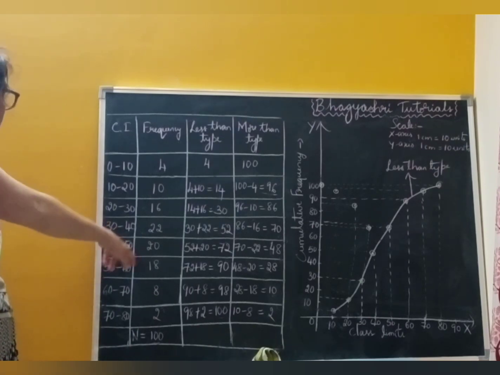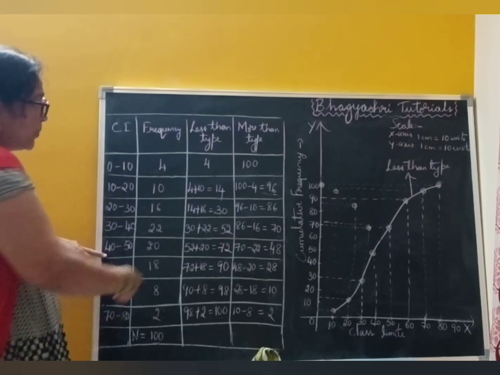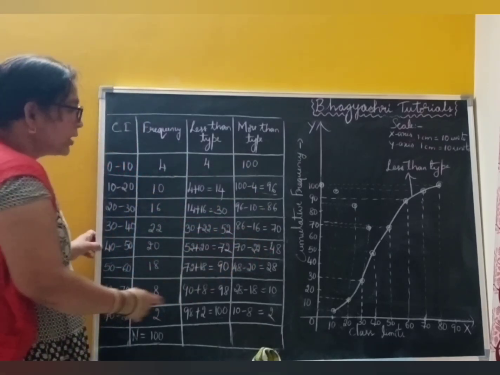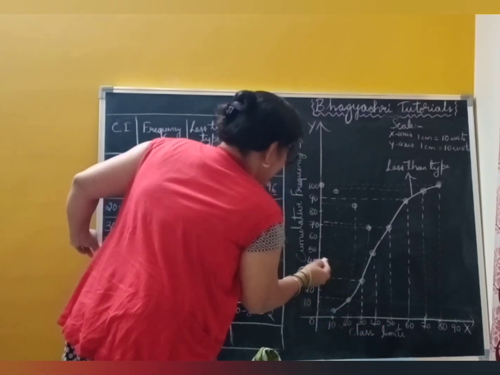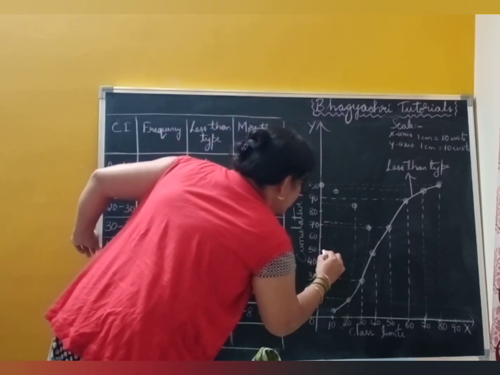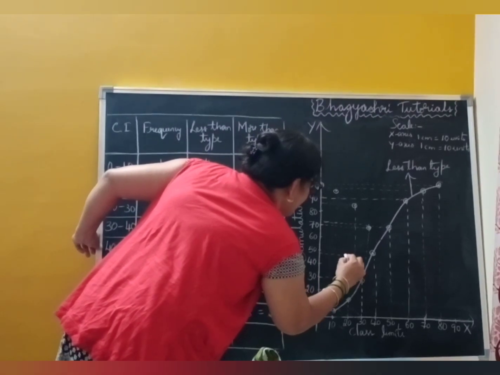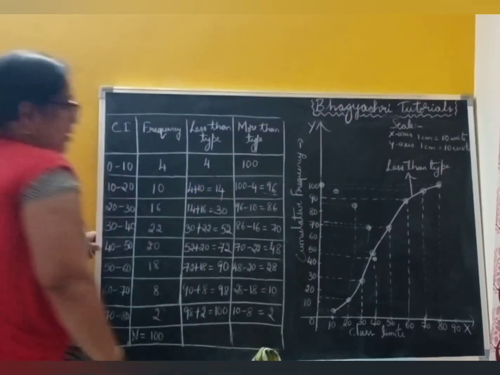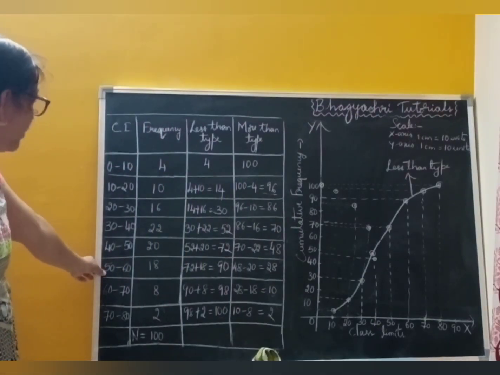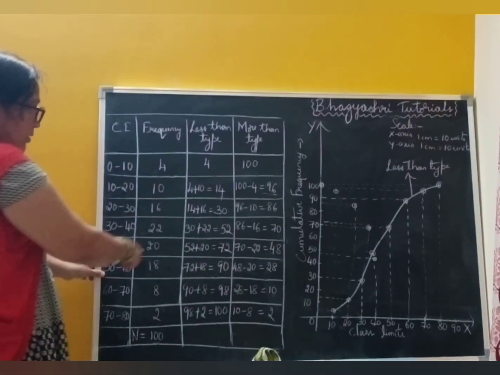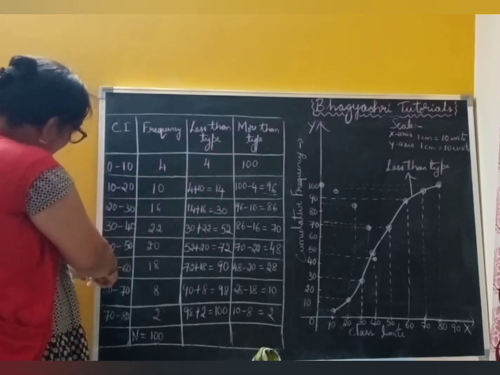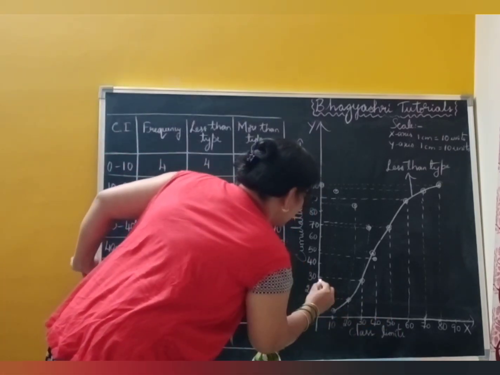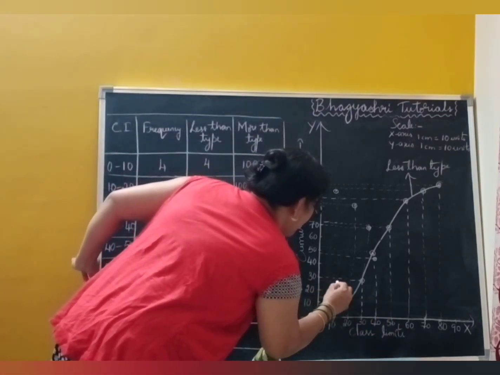Next, for 40, the corresponding more than type frequency is 48. It is in between, very close to 50. Next, for 50, the corresponding more than type frequency is 28, very close to 30.